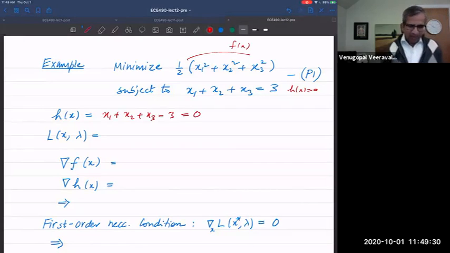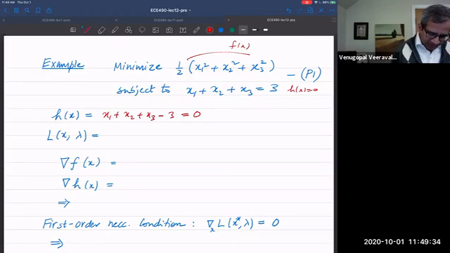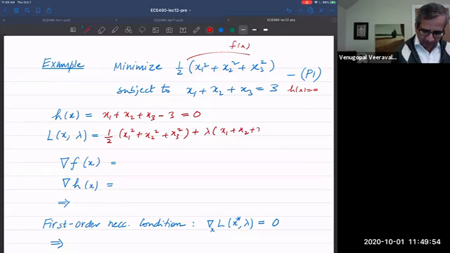And my Lagrangian function, which is the combination of f and h. There's only one h function, one constraint function, plus lambda times the h function.